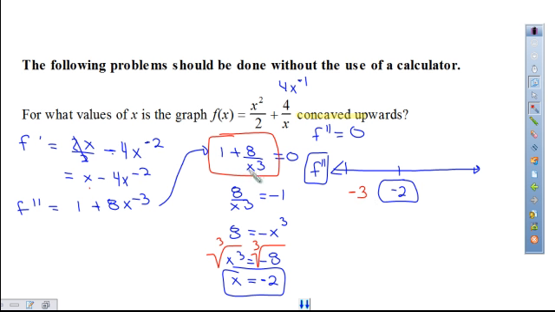So 8 over negative 3 to the third is 8 over negative 27, and is 8 over negative 27 smaller or bigger than 1? It's going to be smaller, so therefore it is positive.